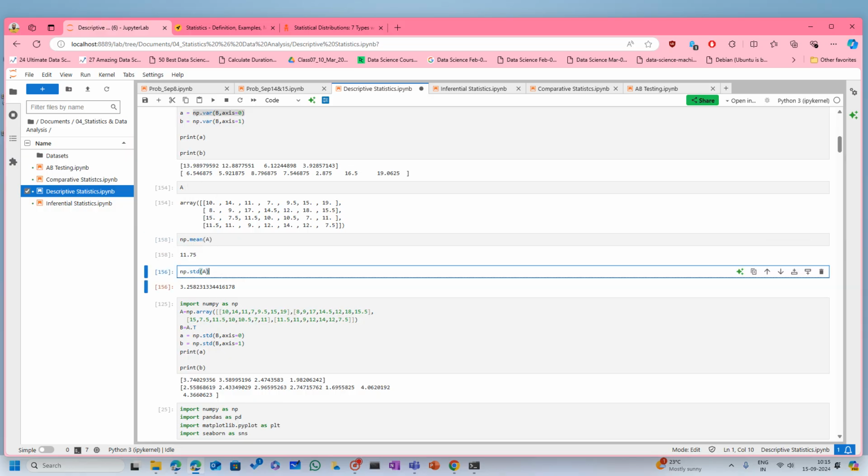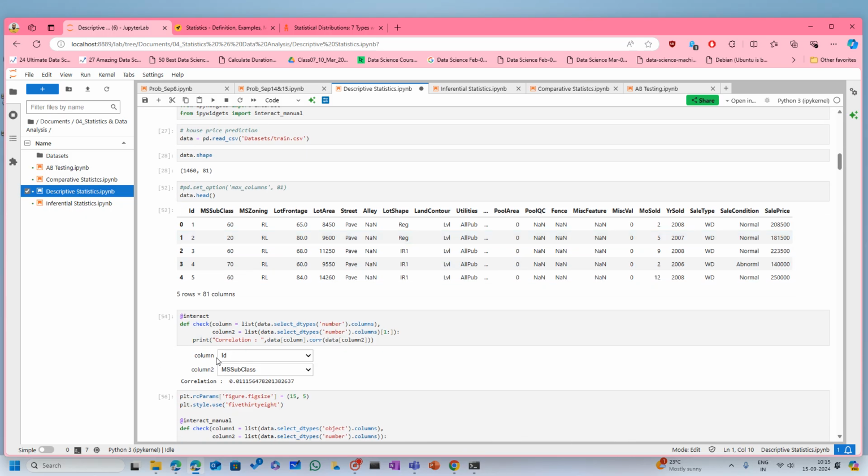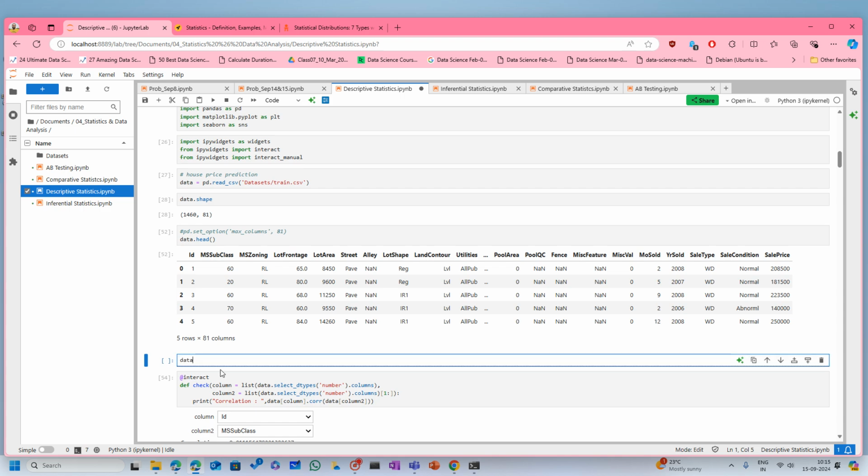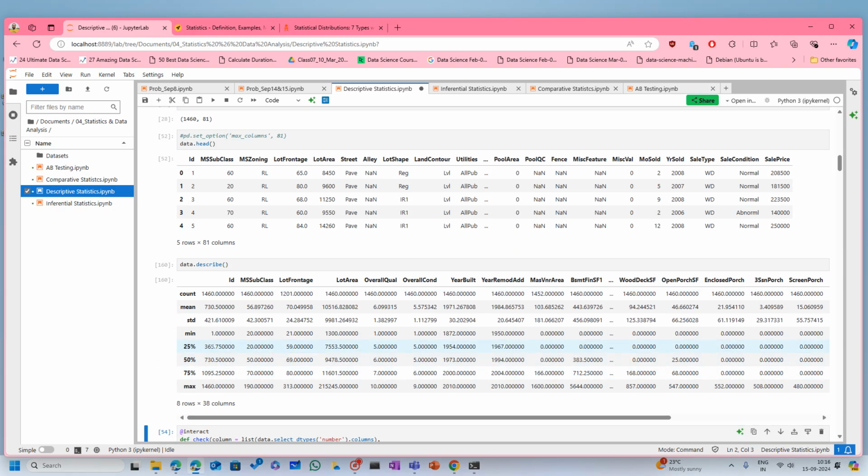That's what it means. Okay, this was an interview question as well. Someone was given an assignment with this data. They ran a describe function on top of this data, and then they got standard deviation.